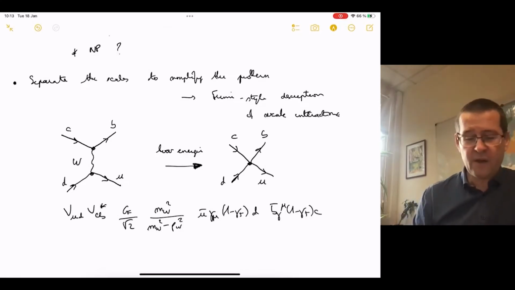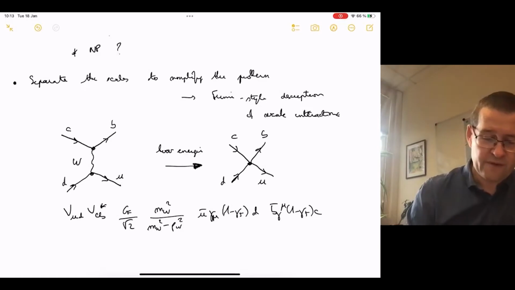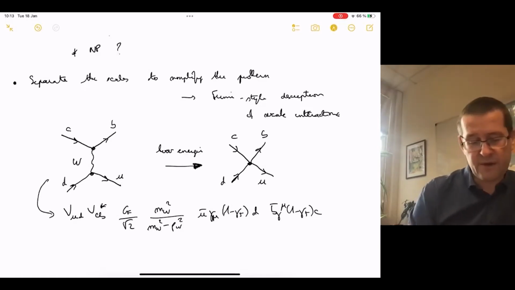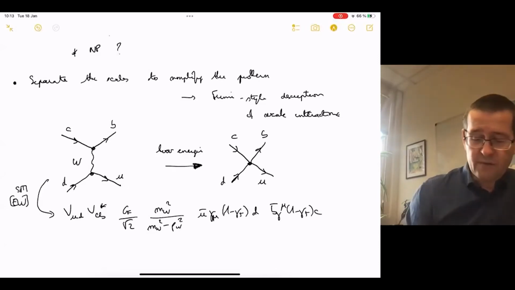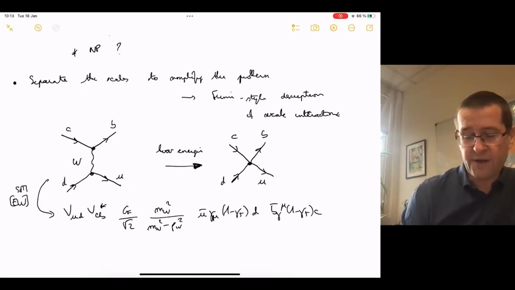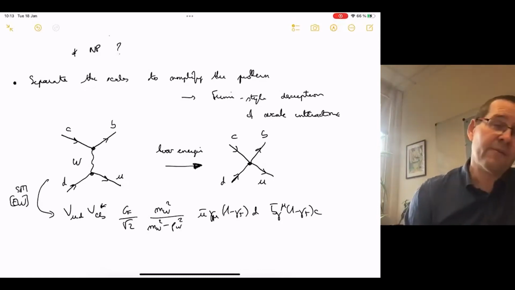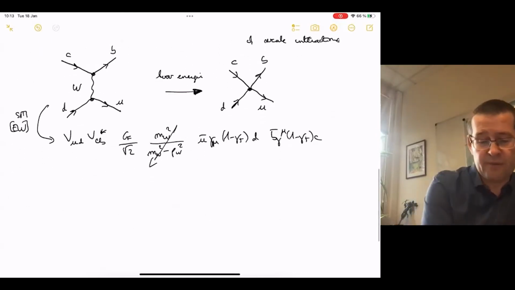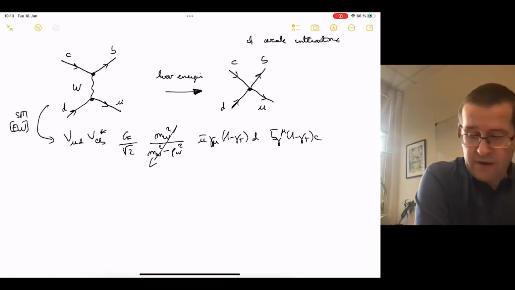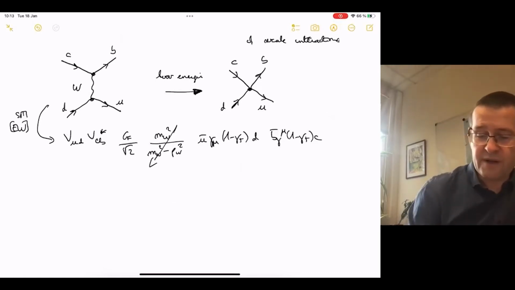So here would be the amplitude that you have coming from the electroweak theory of the standard model. And then what you say is that at low energies, I can just neglect the propagation, meaning that the momentum of the W is never going to be very important compared to its mass.